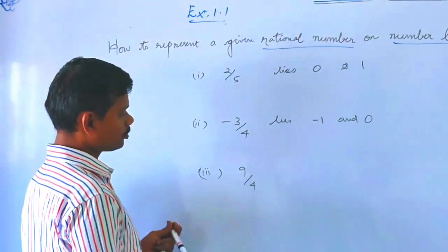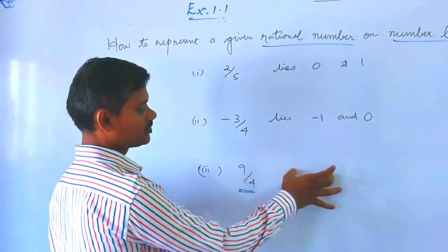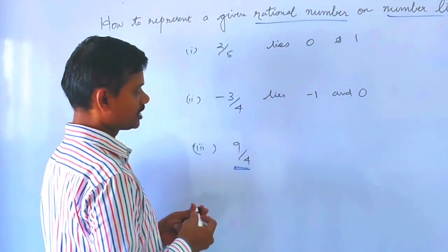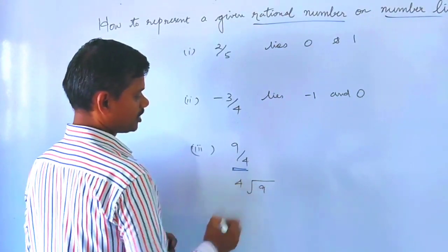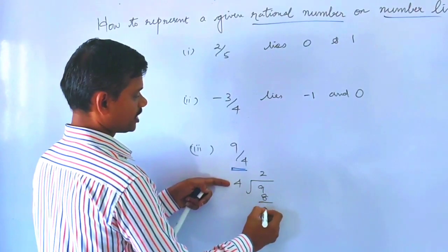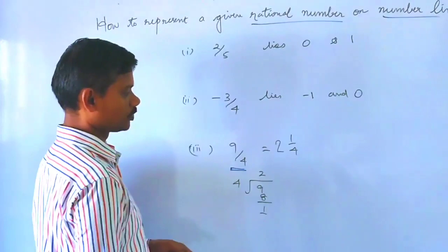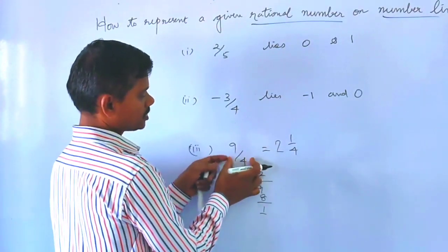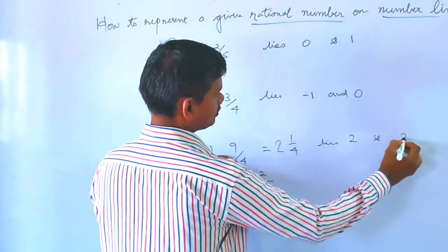When it comes to the improper fraction, we can't directly say between which two integers the number exists. So for that, first we have to divide the given fraction 9 by 4. 9 should be divided by 4. 2 4s are 8. Remainder is 1. It should be converted into 2 1 by 4. Now you can analyze this 2 1 by 4. This fraction lies between 2 and 3.